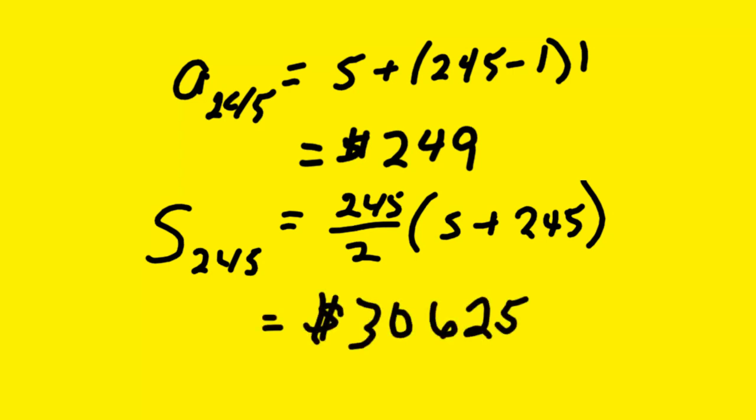So for those 245 days for that year, you'll earn a total of $30,625. This is just an example using arithmetic sequences and series. Geometric sequences and series would work the same way. We just have different formulas for a sub n and s sub n.